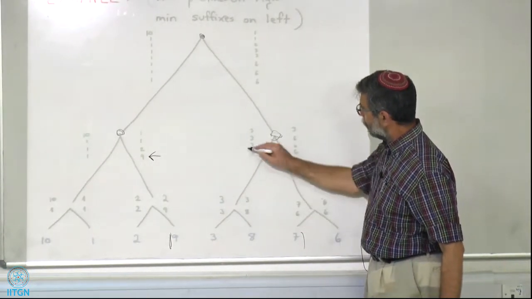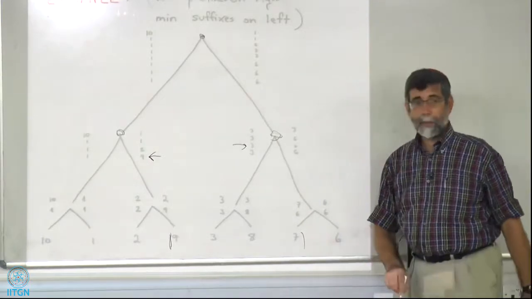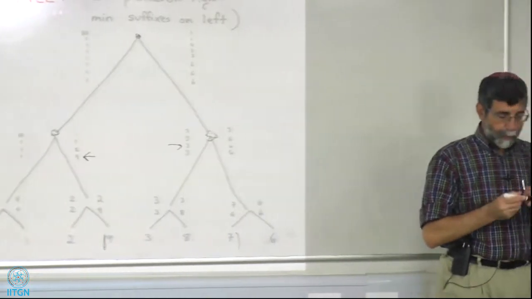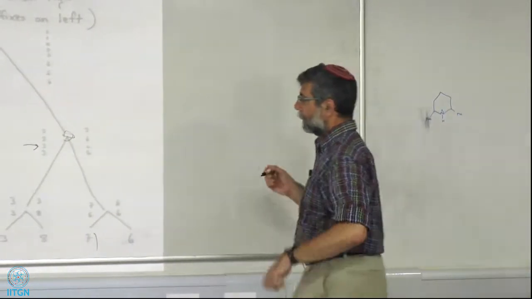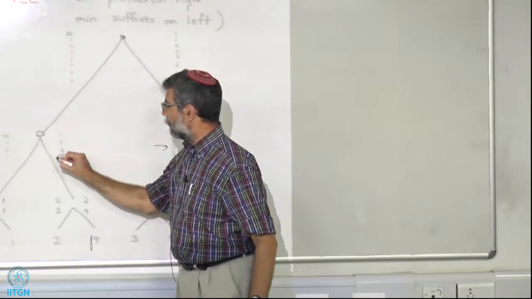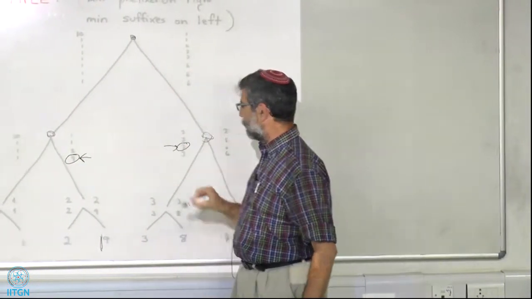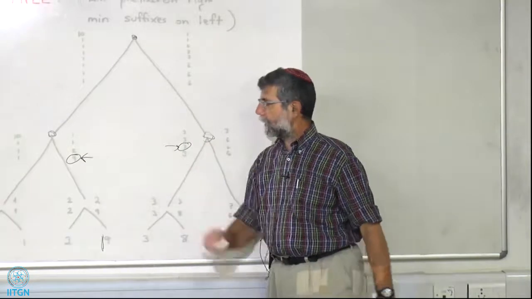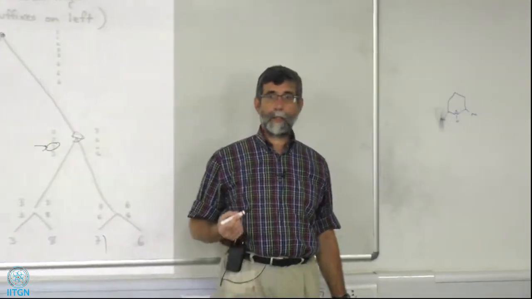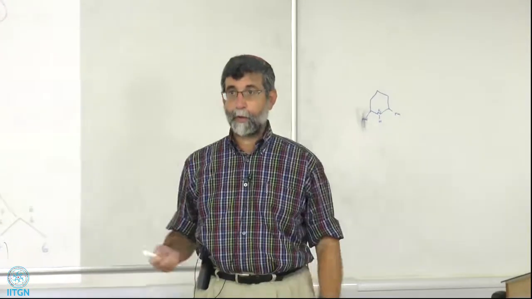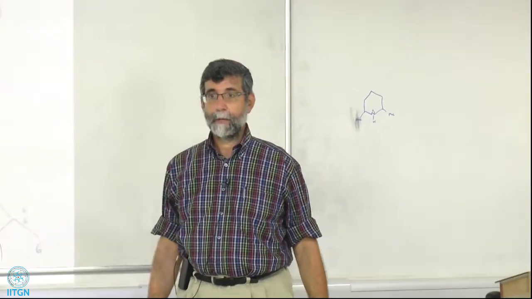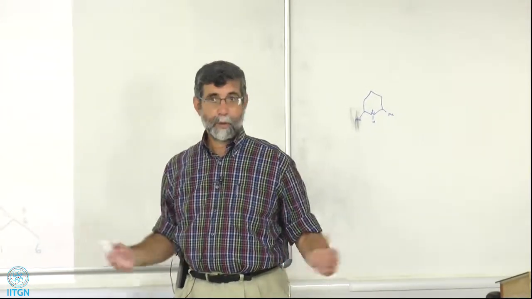The 7 is the third prefix, it's right here. So between the two of them, we have to take the minimum of this suffix and of this prefix. Since this is 3 and this is 9, the minimum that we're looking for in the range is 3. So it works out very nicely.